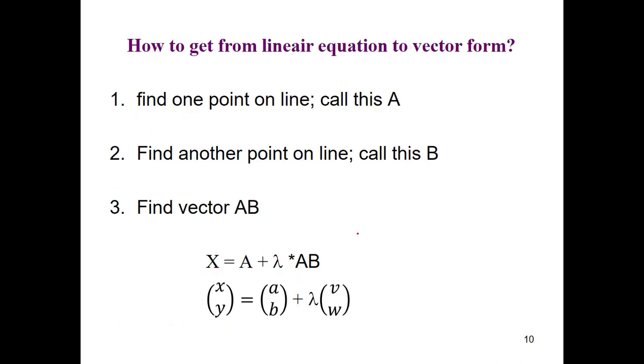So how do I get from a linear equation to a vector form? Well, that's quite simple. If we have a linear equation, we already know how to draw the graph, how to draw the line.